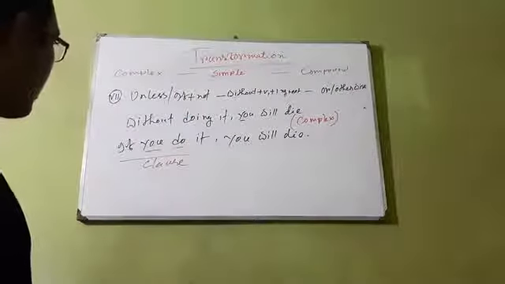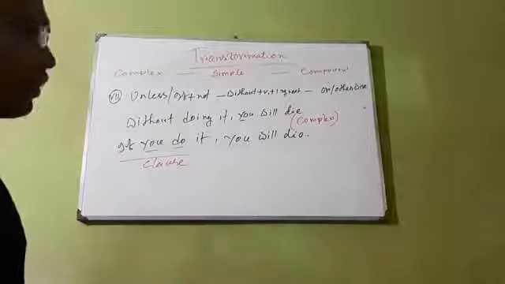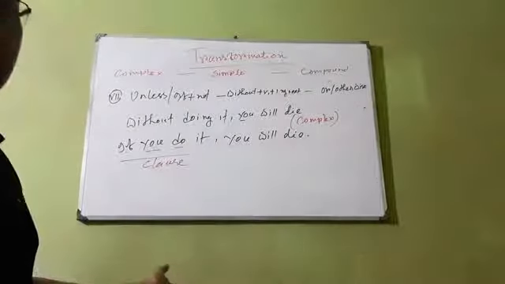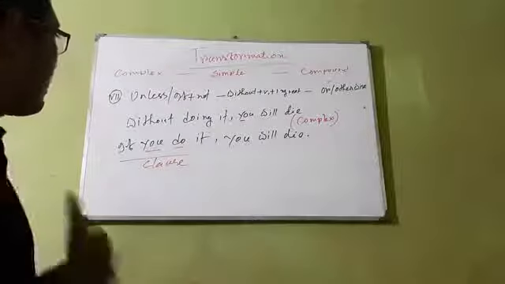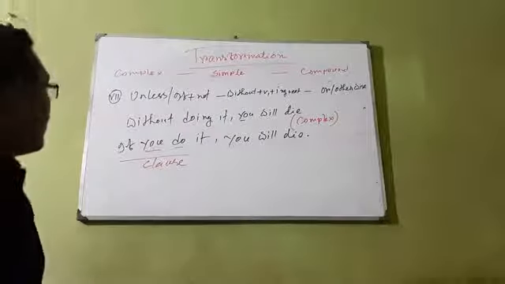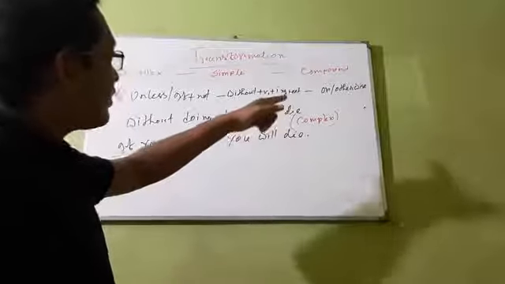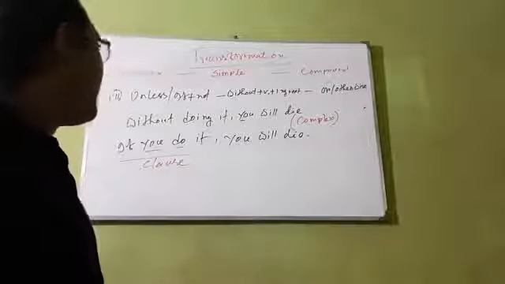When we get a subject and a finite verb, then it is a clause. Now, if you are told to make the sentence into compound, we have to use or oblique otherwise.